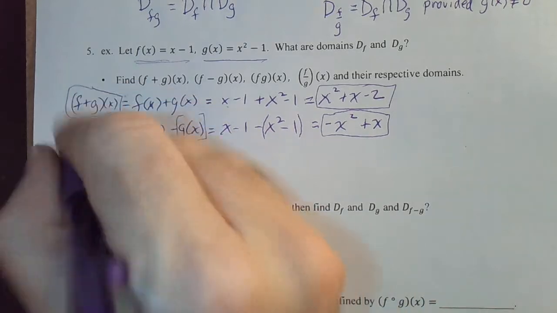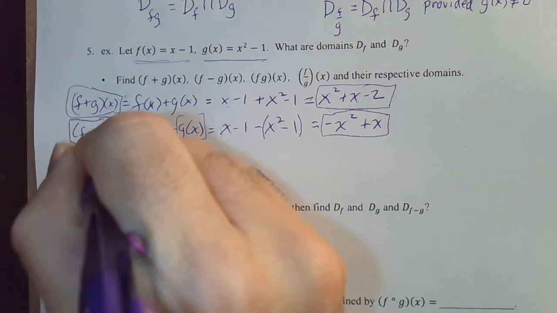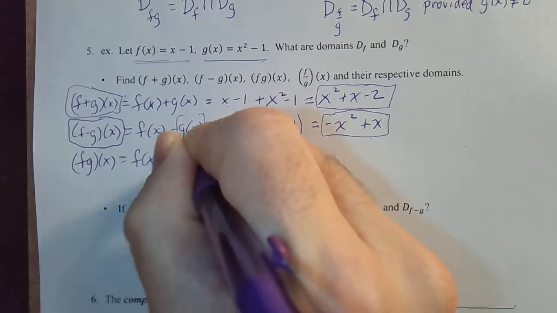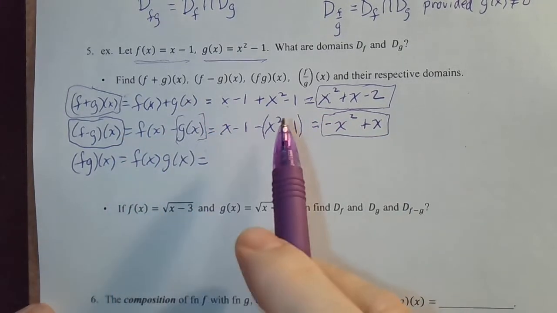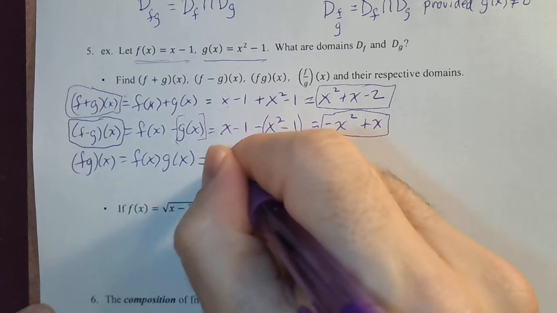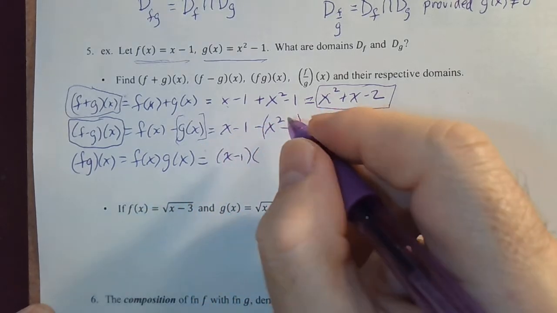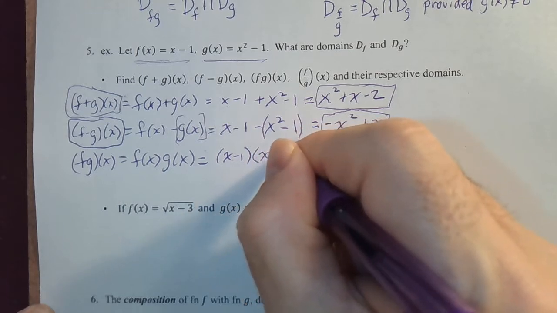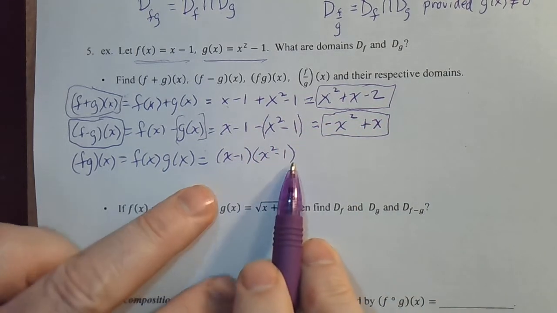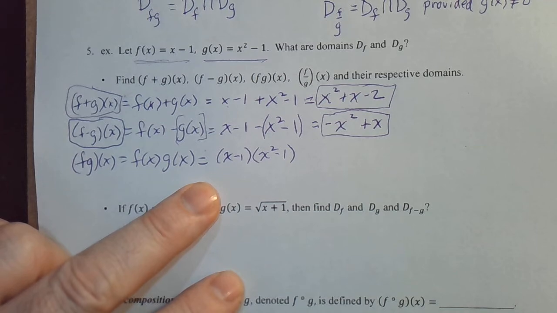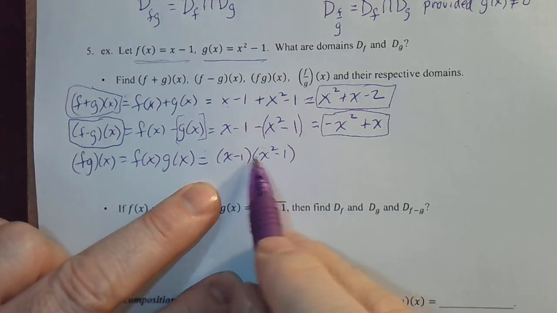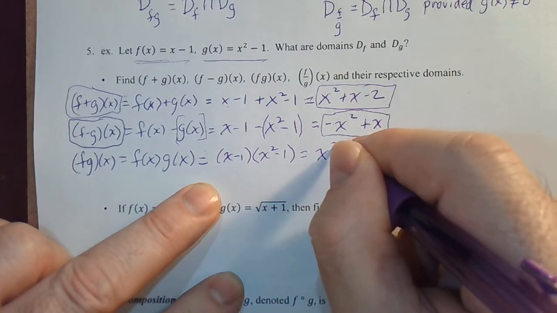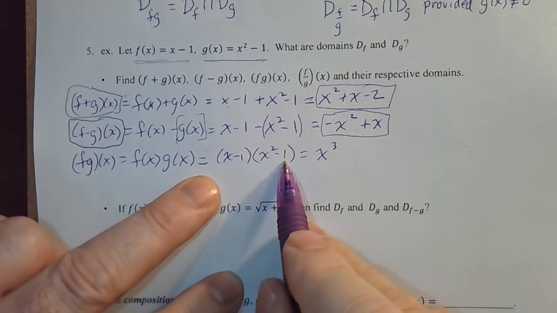Okay, the third one is fg of x, which is f of x times g of x, which will be x minus 1 times x squared minus 1. Well, this just requires foiling it out. So first would be x times x squared, which is x to the third.